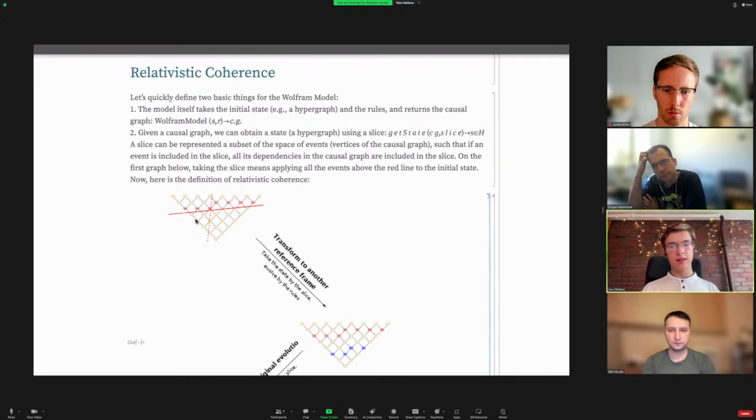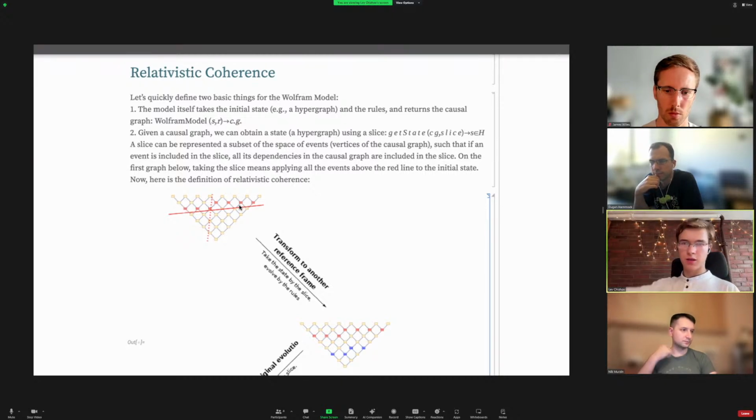The slices in the normal reference frame are parallel and horizontal in our embedding. The slices that correspond to another reference frame are not going to be that simple.